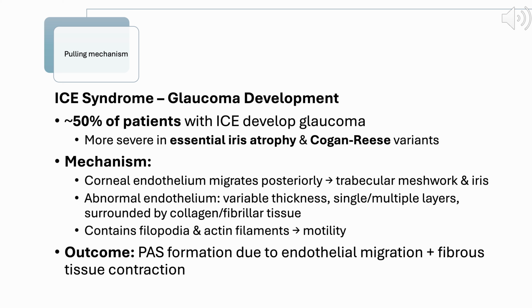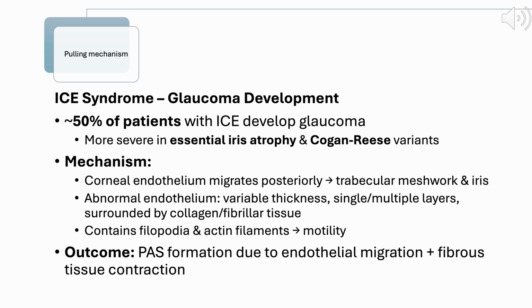About half of all patients with ICE syndrome will go on to develop glaucoma. The risk is highest, and the disease tends to be most severe in the essential iris atrophy and Cogan-Reese variants. The mechanism comes down to abnormal endothelial behavior. The corneal endothelium migrates posteriorly onto the trabecular meshwork and iris.